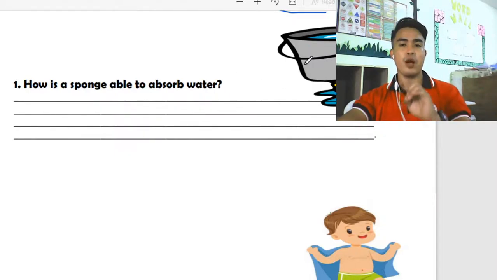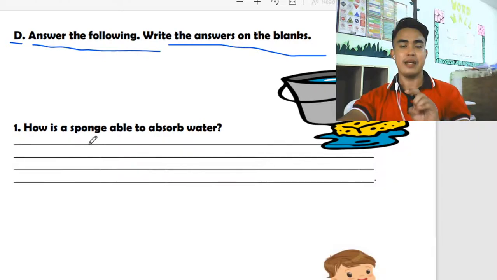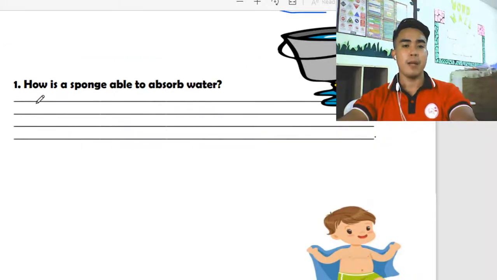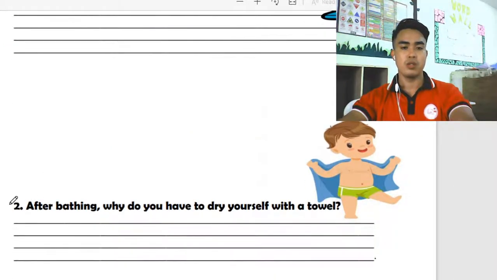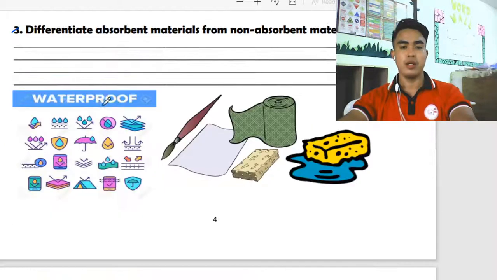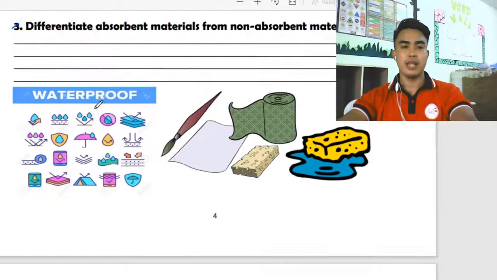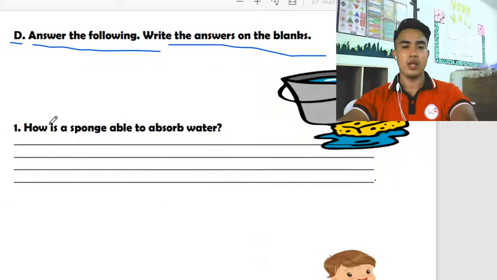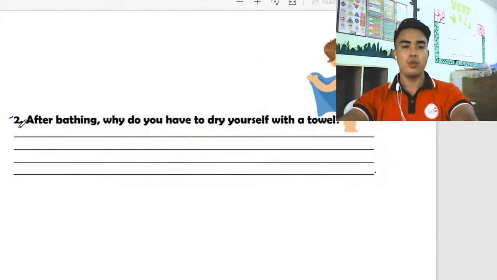So if you have an answer already, then you have to write it here on the space provided. And then to be followed by number 2 and number 3 questions. Okay, until 3 only. 1, 2, and 3.